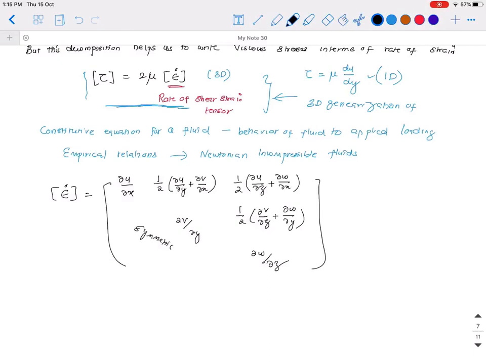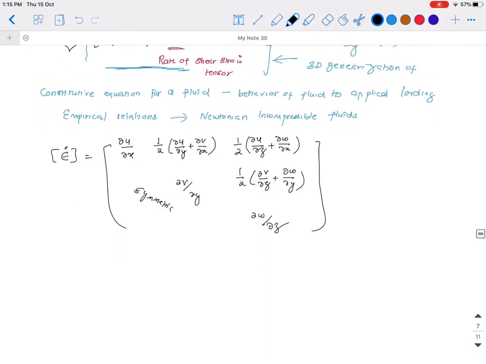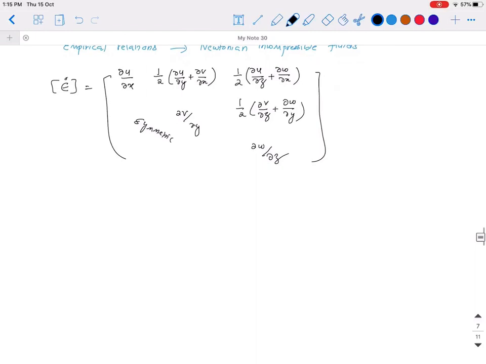Okay, but when we use the constitutive equation, tau xx would be 2 mu dou u by dou x.